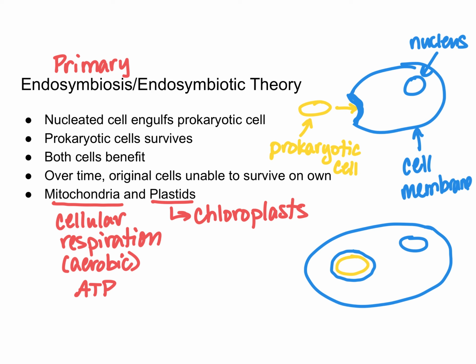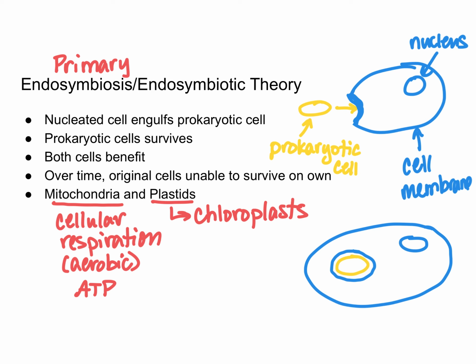Now, oftentimes when one cell engulfs another cell, it actually kills or breaks down the other cell. But in this case, due to some evolutionary pressure, the engulfed cell actually survives and becomes part of the cell that engulfed it. And in this scenario, both cells benefit.